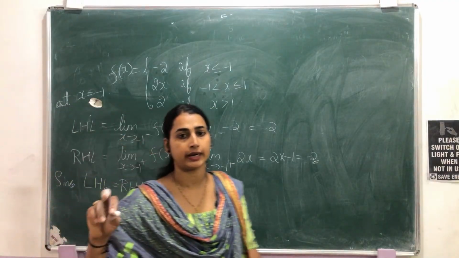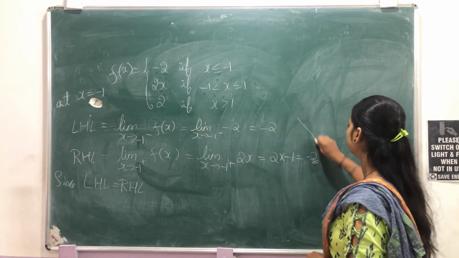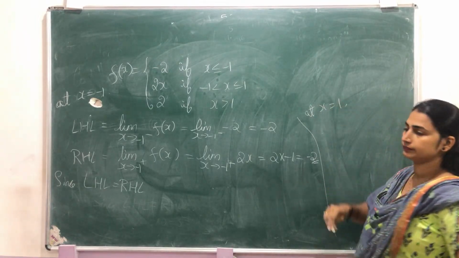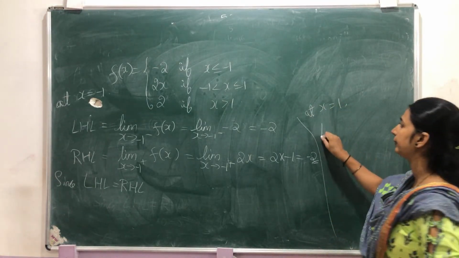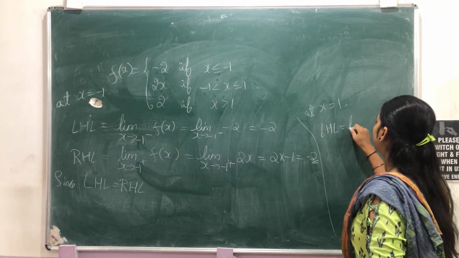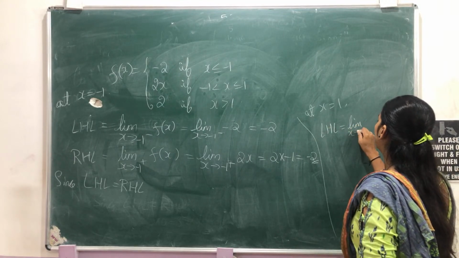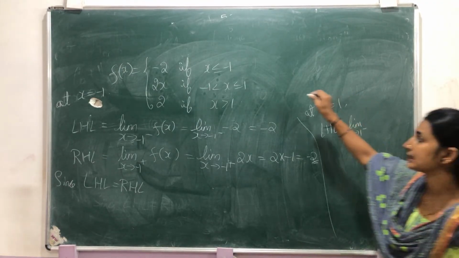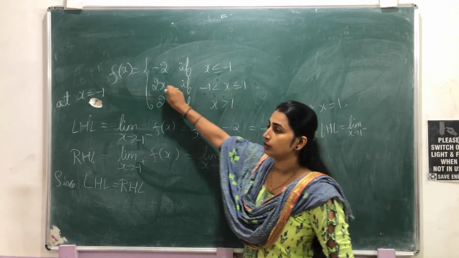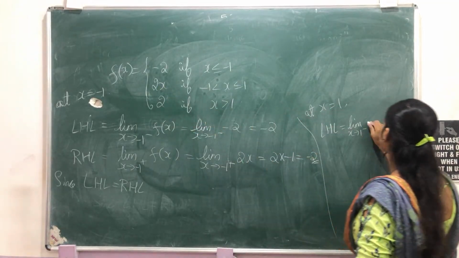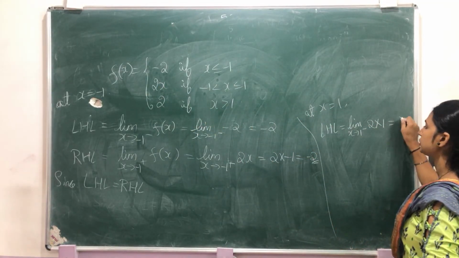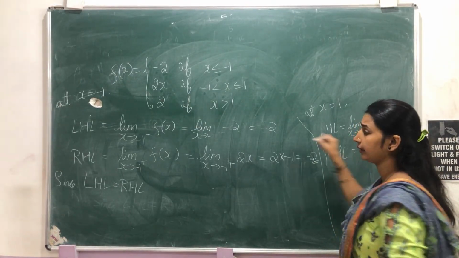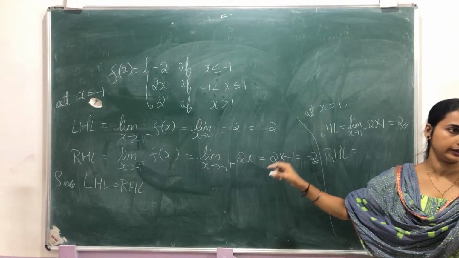Okay, now we need to check at x equal to 1. What happens? Left hand limit, x tends to 1 minus f of x. I'll write directly. What is f of x for less than 1? 2x. So it is 2 into 1. That is 2. What is right hand limit? See, I am not writing in detail, but you need to write in detail.